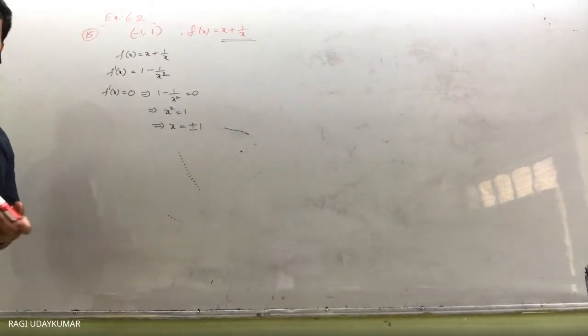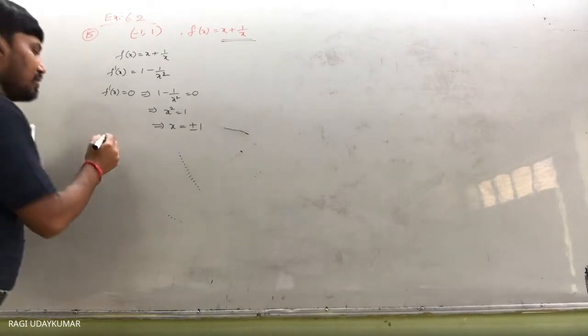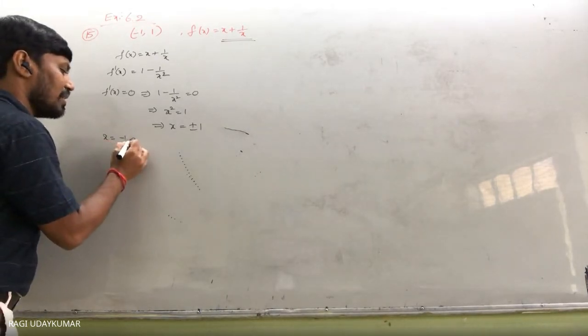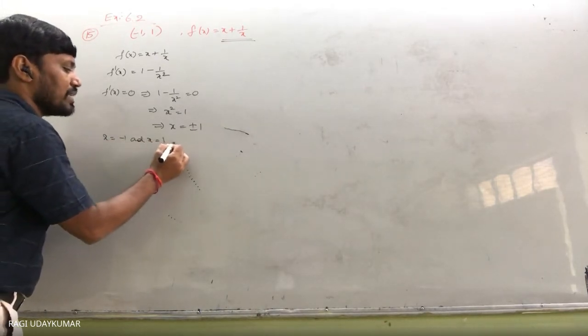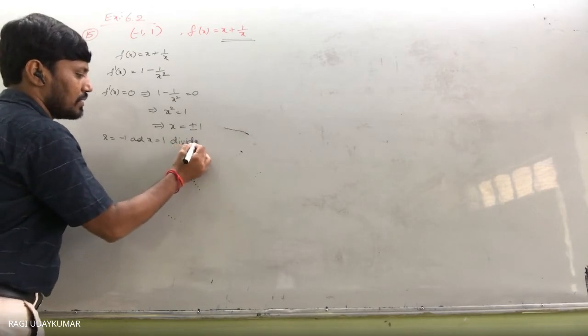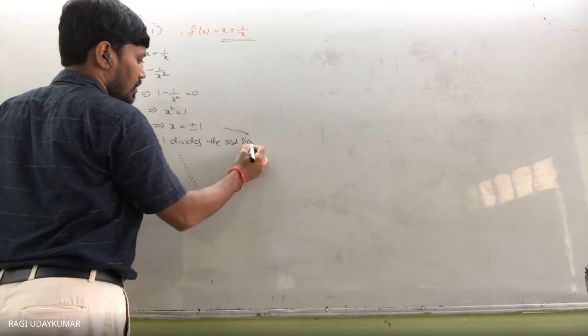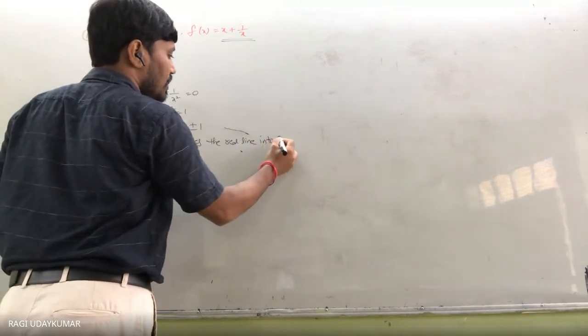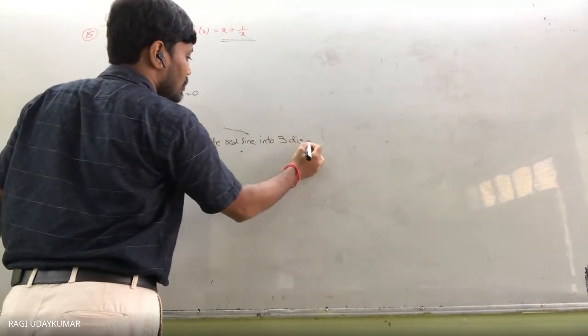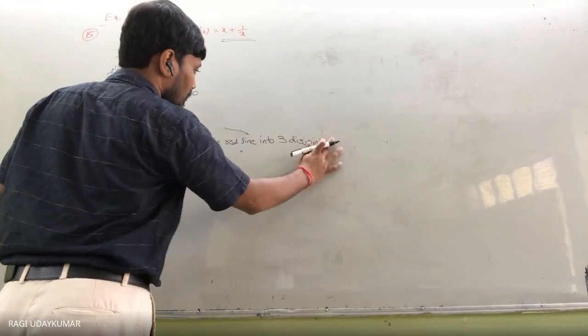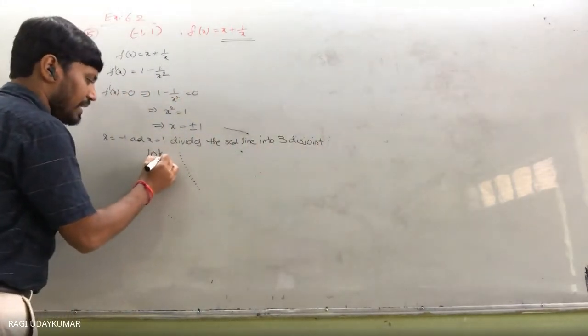So the points x equal to 1 and minus 1 lie on the real number line. So x equal to minus 1 and x equal to plus 1 divide the real line into 3 disjoint intervals.